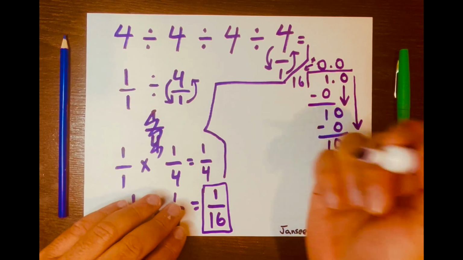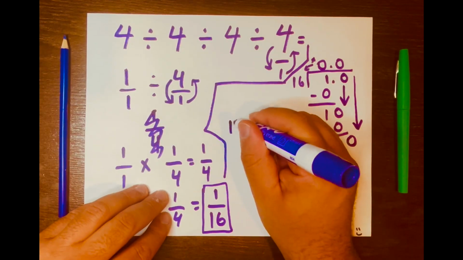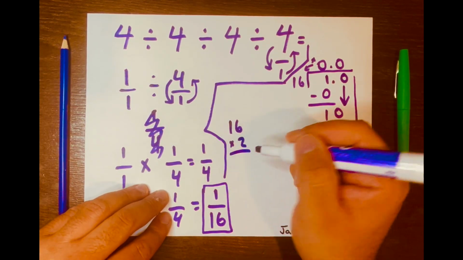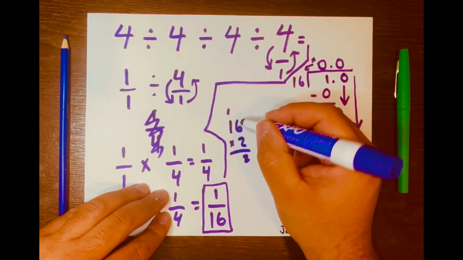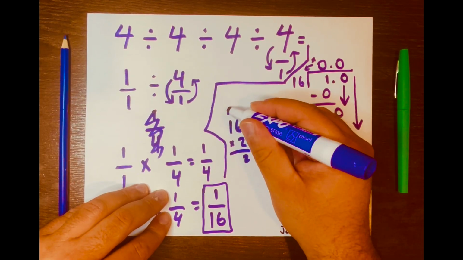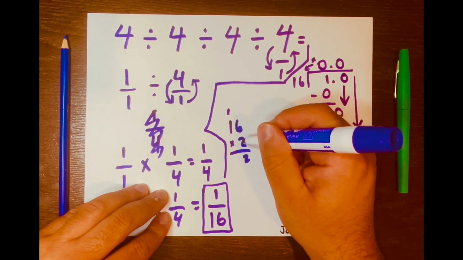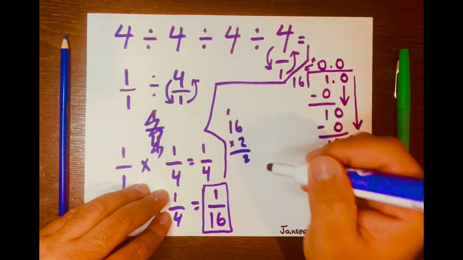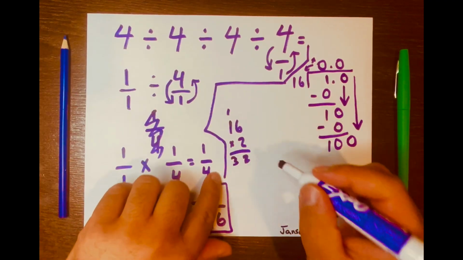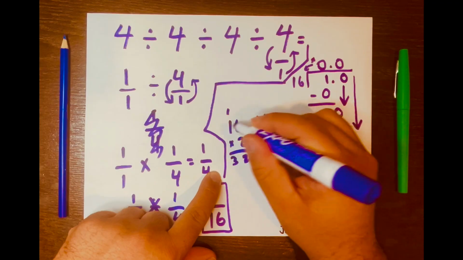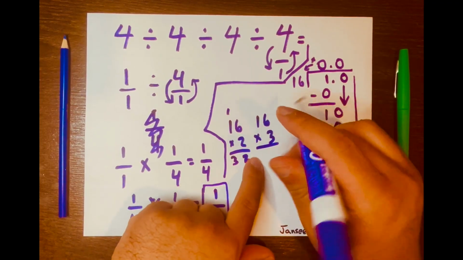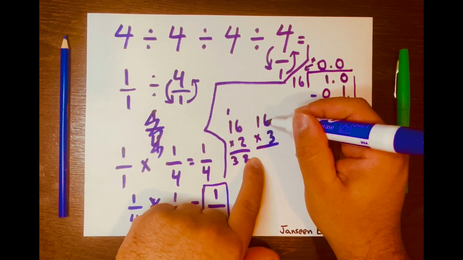Now we have to do some multiplication here. I know that 16 times 2 is 32. I just know that. So 6 times 2 is 12. So I write the 1 above the 1 here. And 2 times 1 is 2 plus 1 is 3. So that's 32. So 16 times 3, you can just add another 16, but let me just show you in multiplication form.